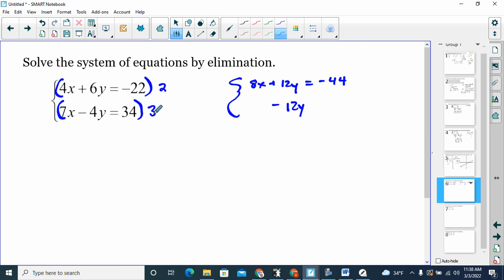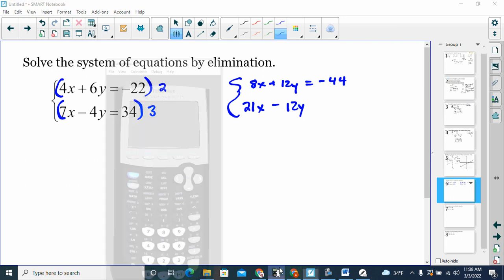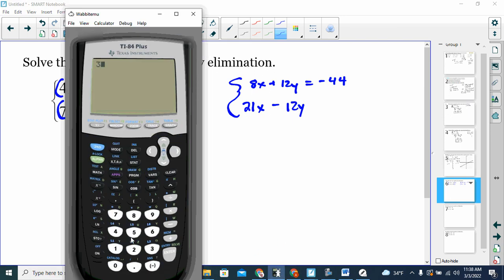So we need to multiply the entire bottom equation by 3. 7x times 3 is 21x, minus 4y times 3 is indeed minus 12y, and 34 times 3 gives me 102.